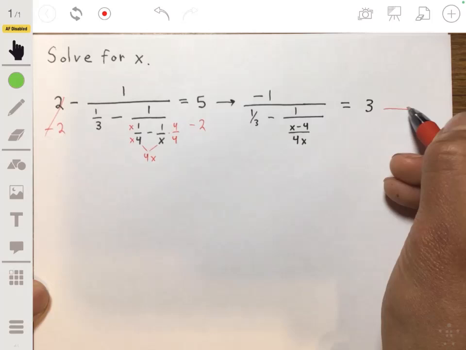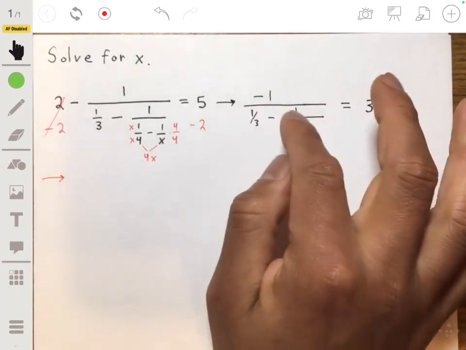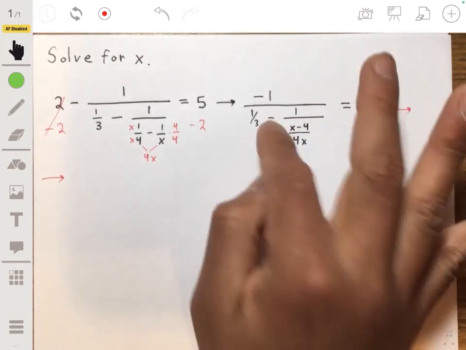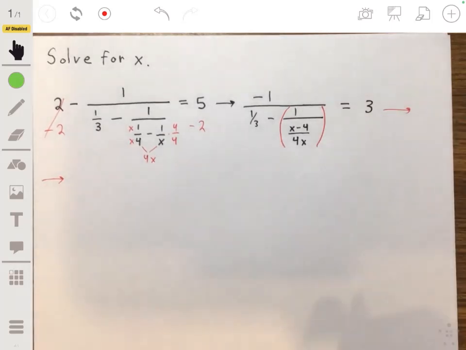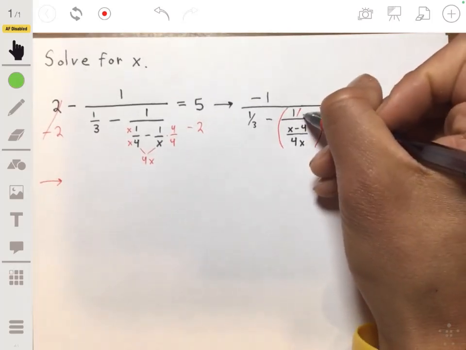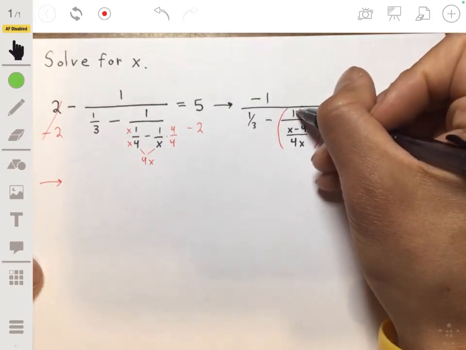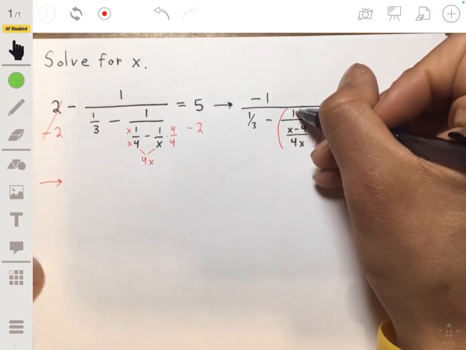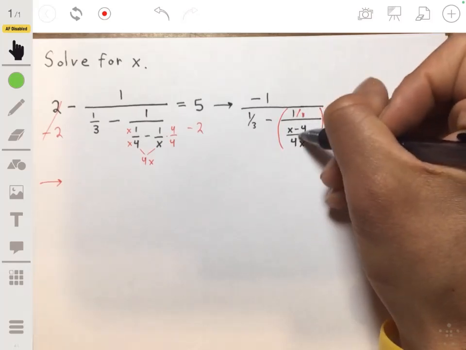All right, the next step then, we're going to combine, or let's first simplify this fraction here. And it's really just using the division by fractions when we multiply a fraction by its reciprocal. So this becomes 1 over 1, or just 1 times the reciprocal of this.